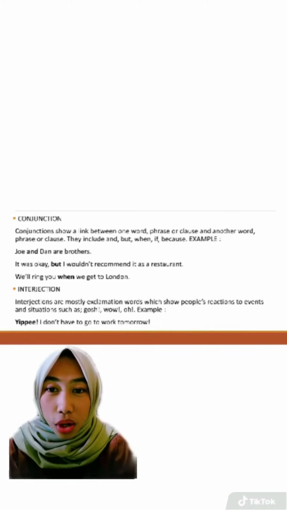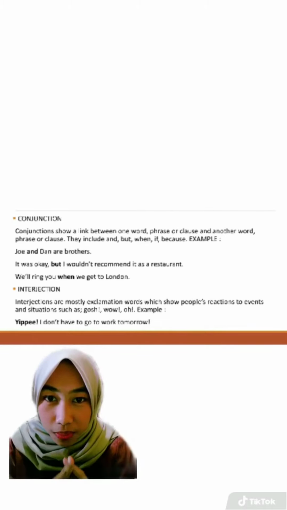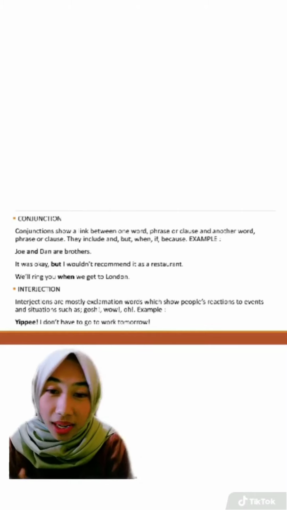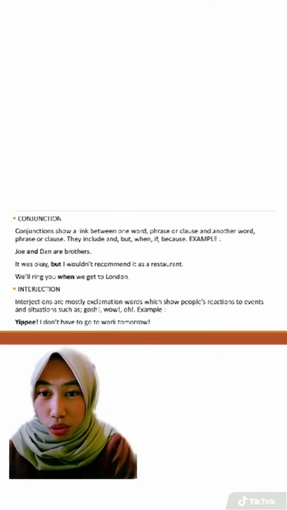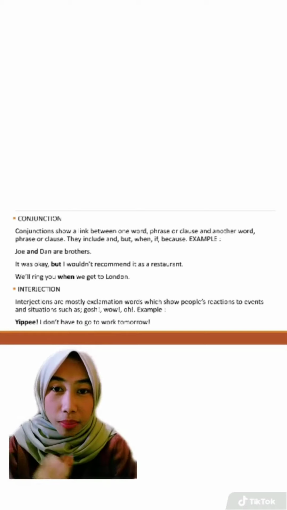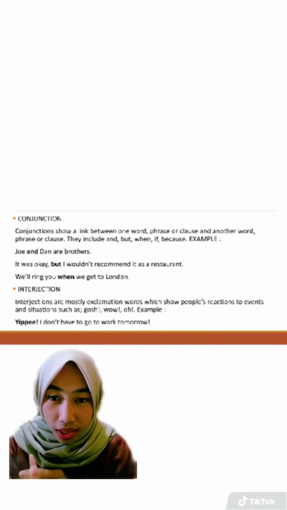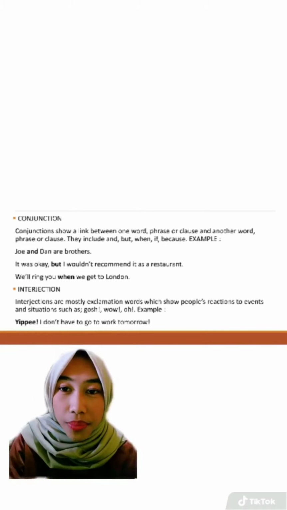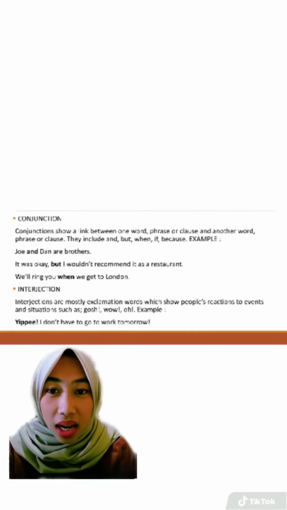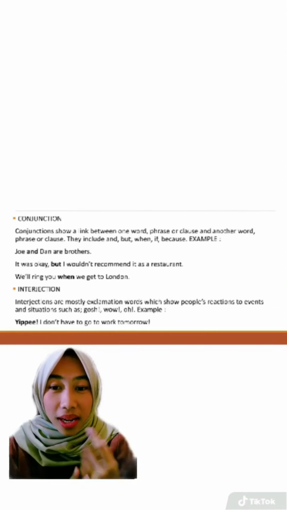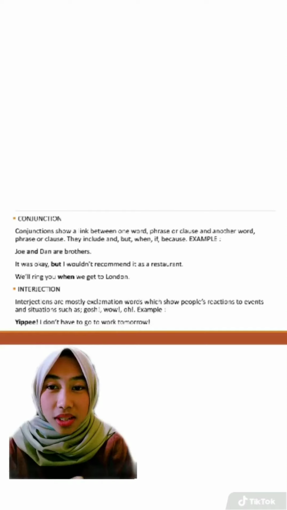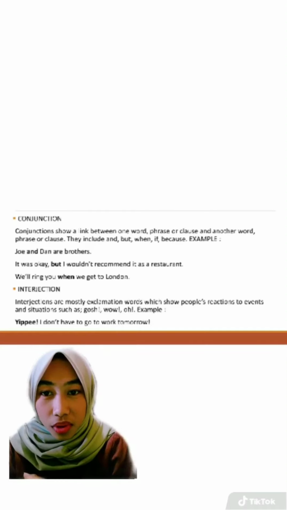Conjunctions show a link between one word, phrase, or clause and another word, phrase, or clause. They include and, but, when, if, and because. The example: Joe and Dan are brothers. And in this sentence is an example of a conjunction.